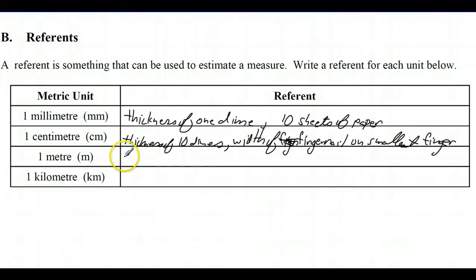A meter. Think of a small child. The height of a small child is about a meter. Or the length of a running stride. So if you're out running, then you'll stride, length of a running stride.